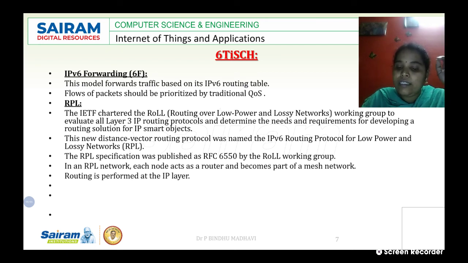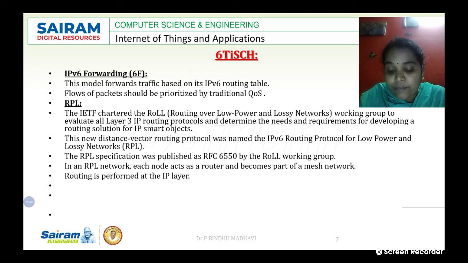Under this IPv6 forwarding, it is based on the QoS, quality of service, or the quality operating standard. We could see how the classification scheme takes place on priority, meaning how the packets will be prioritized based on the quality of the service. Let us see how it will be prioritized.